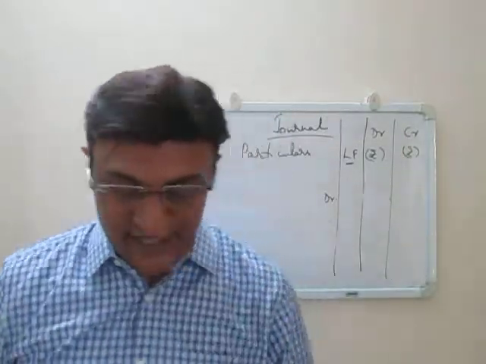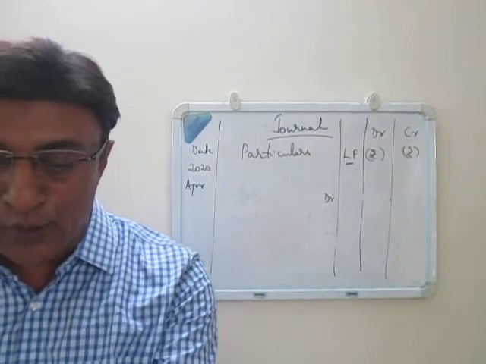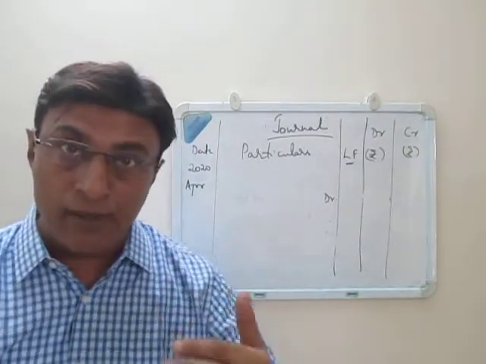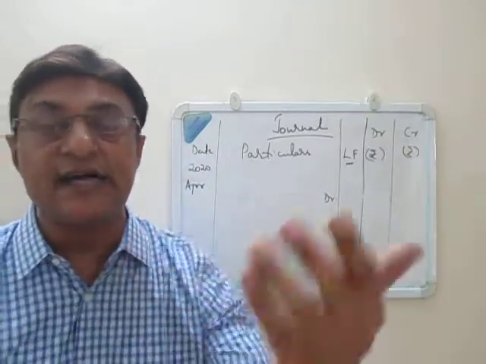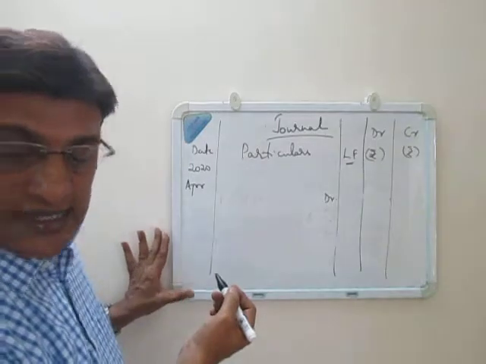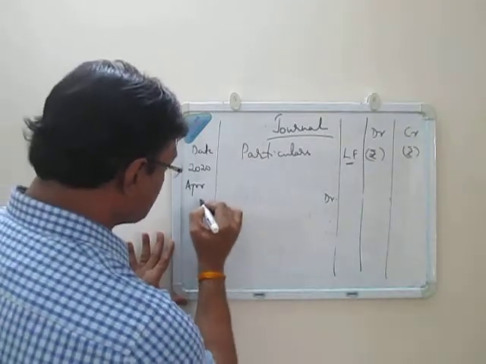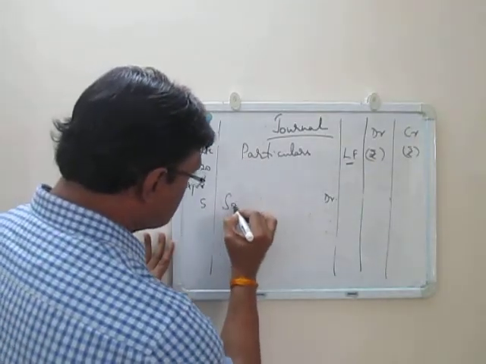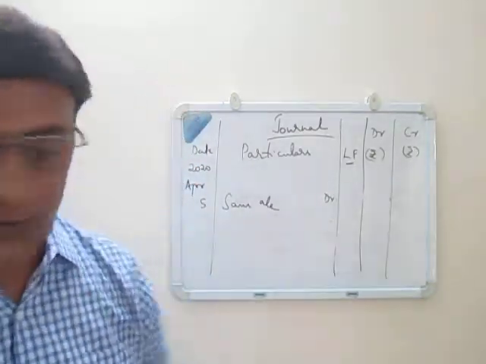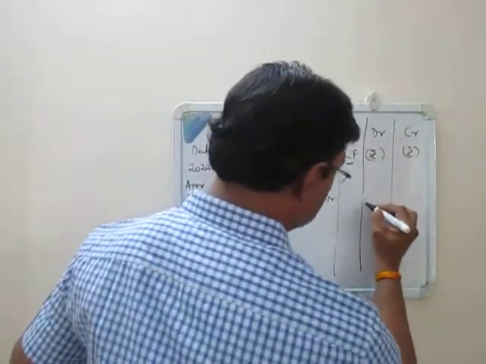The sale transaction that we took in our example was also on credit. The problem itself specified that it is a credit sale transaction. So you have Sam account which is debit. Let us say this is on April 5th. Sam account Dr., and the amount was 1,25,000.